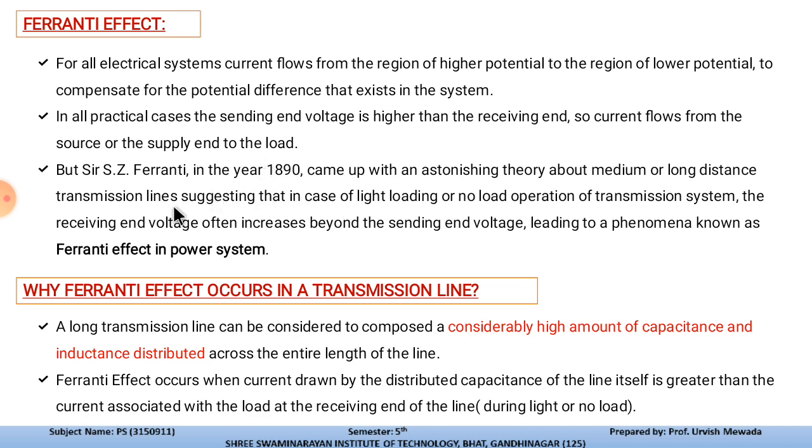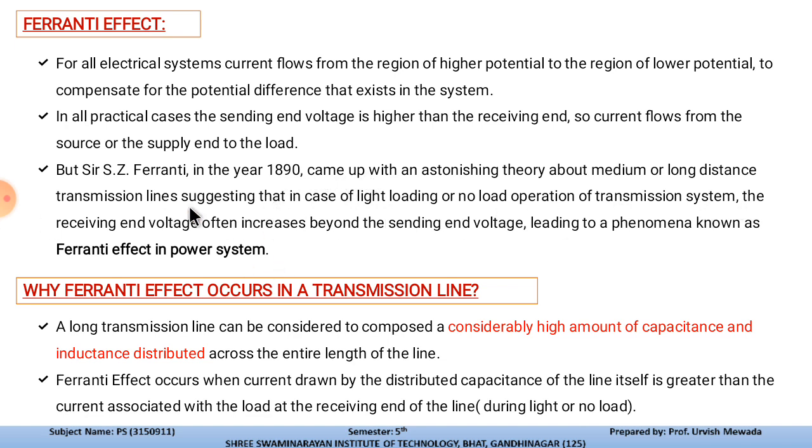The reason is that the load connected to the transmission line is a light load, or the transmission line is at no load. At that time the receiving end voltage may increase beyond the sending end voltage value, leading to the phenomenon known as the Faraday effect.